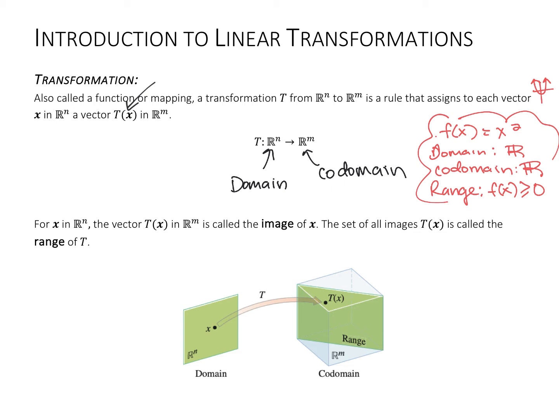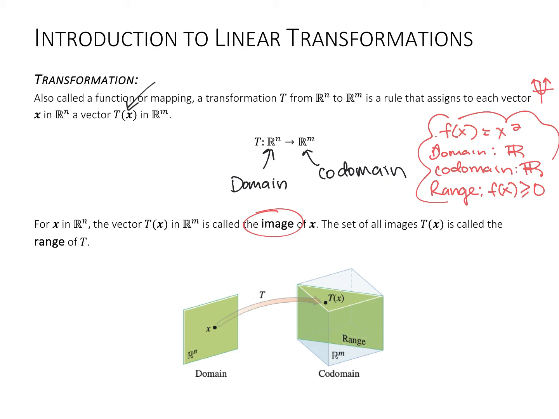That same idea can be applied to our transformations. Our transformations are a rule that assigns our vectors to a new vector. We could do all kinds of things to that vector, but all it says is, I'm going to take this vector and put it in there, and when I get it out, I get a new vector, right? The new vector that I get out is called the image of x. So when I get that T of x vector out, we call it the image.